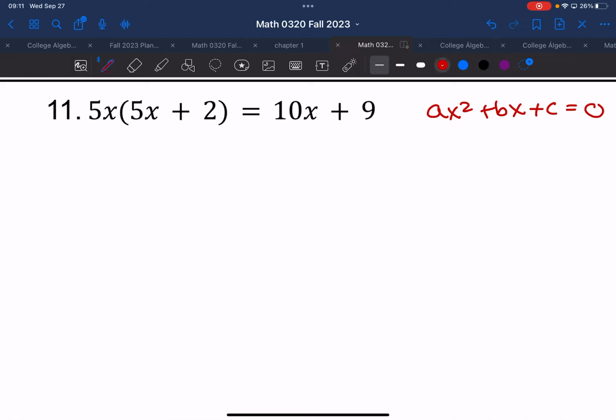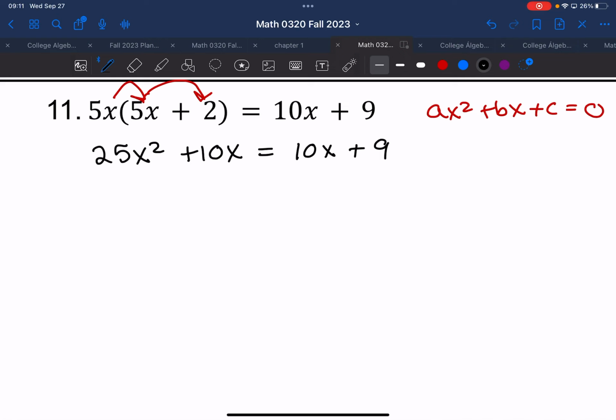I could FOIL the 5x first, or distribute because it's just one term being multiplied in. So that would be 25x squared plus 10x is equal to 10x plus 9. Because I just rewrote my whole problem after I distributed.